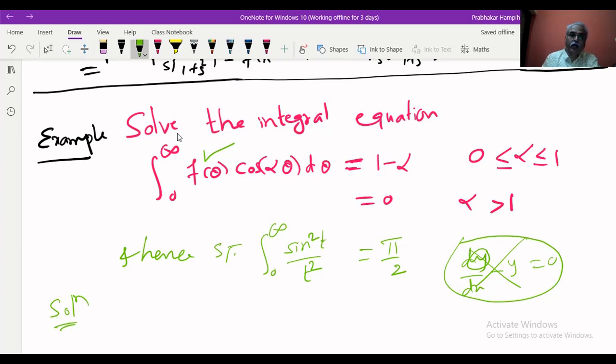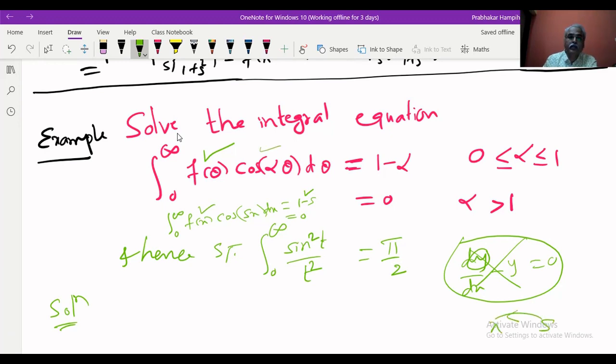So to find f of theta, you have to find the inverse Fourier transform. It is as if given like this: integral of f of x cos of sx dx equal to 1 minus s or 0. Given the s function, you have to find the x function, which means you have to go in reverse.